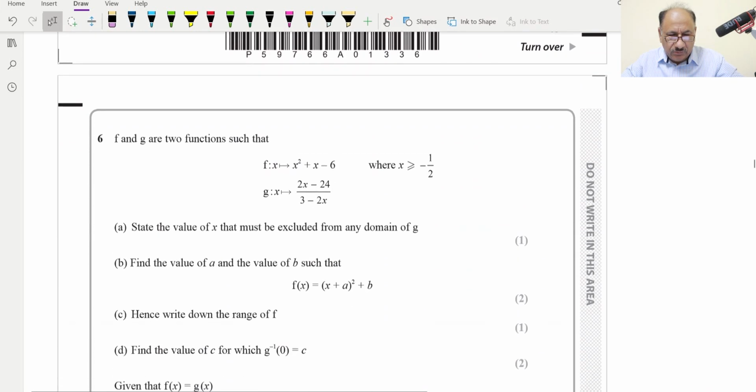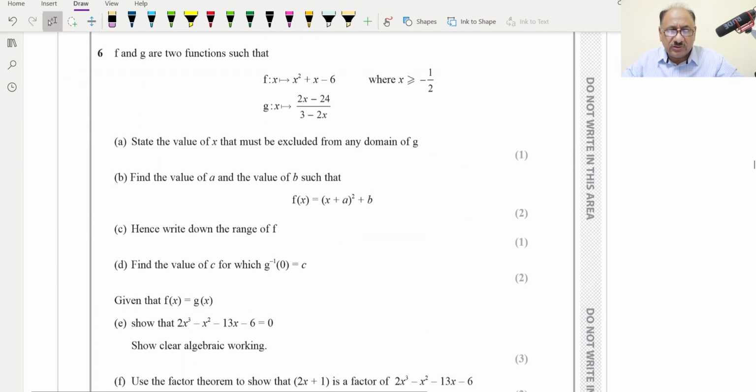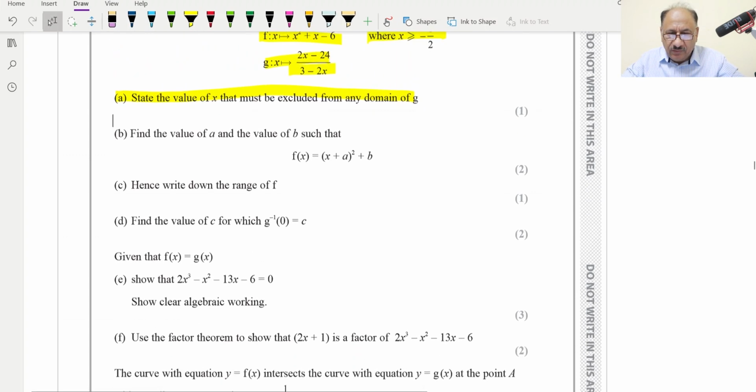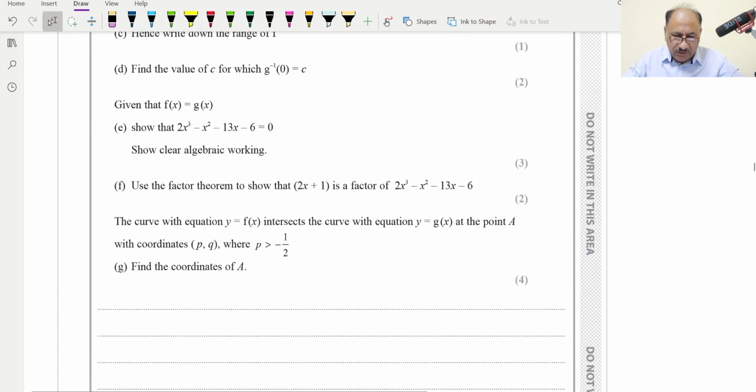This is also done. Now functions, question number 6, and this says f and g are two functions such that f is given and g is also given, with the condition x is greater than or equal to minus 1 by 2. A part: state the value of x that must be excluded from any domain of g. So the denominator of g is 3 minus 2x.